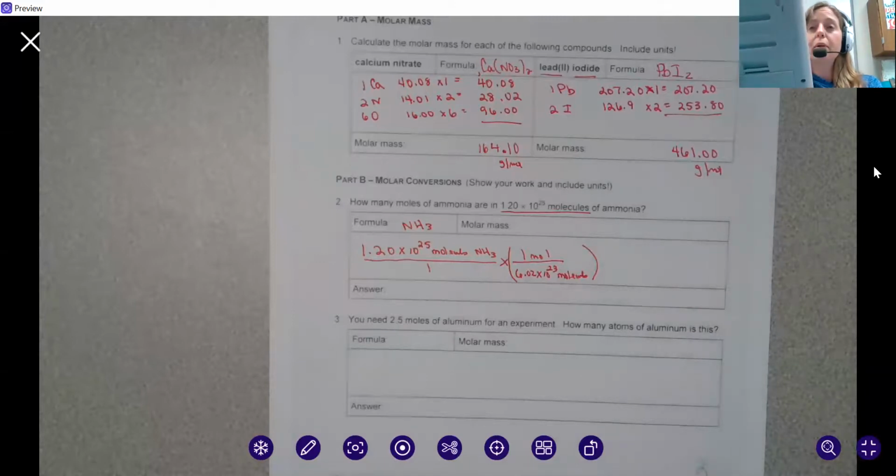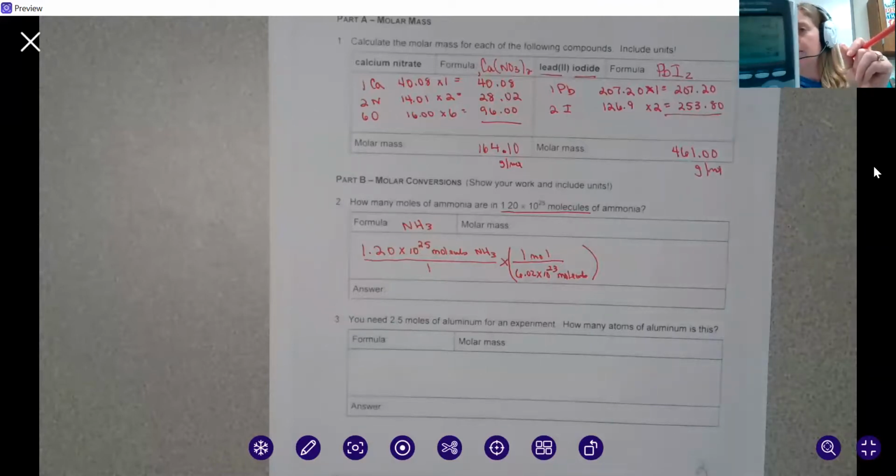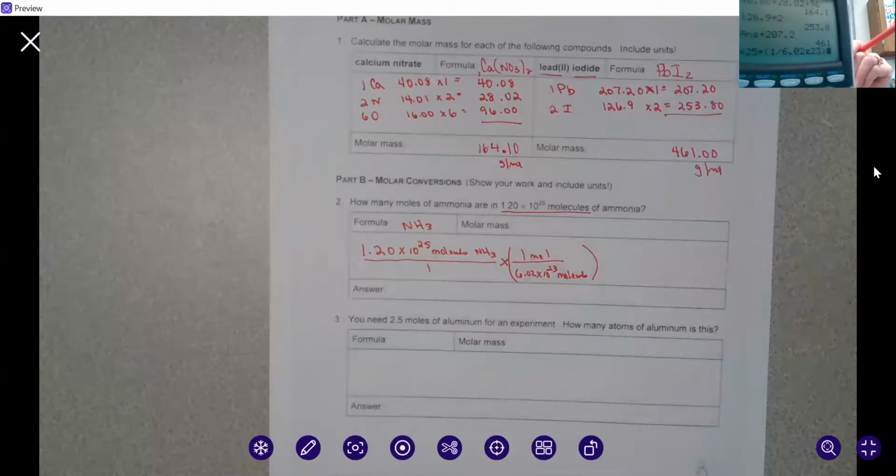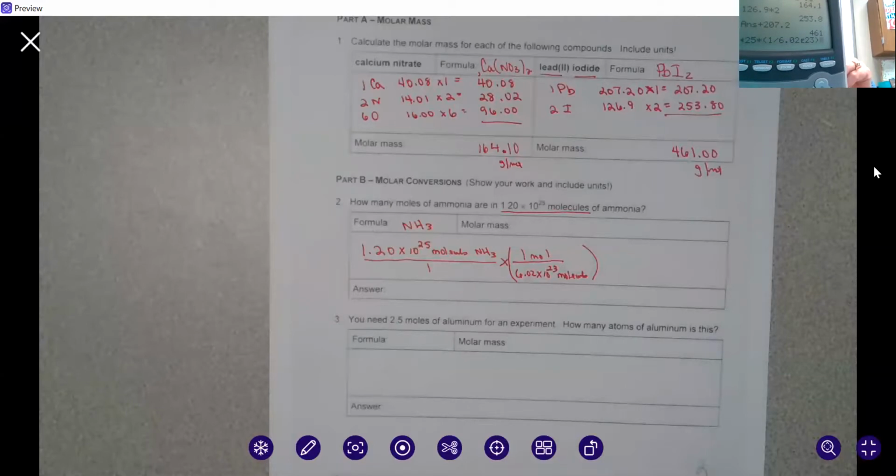Then I'm going to multiply that by a fraction, 1 over 6.02 second EE 23. So now it's going to look like this. Notice how there's no multiplication in there.